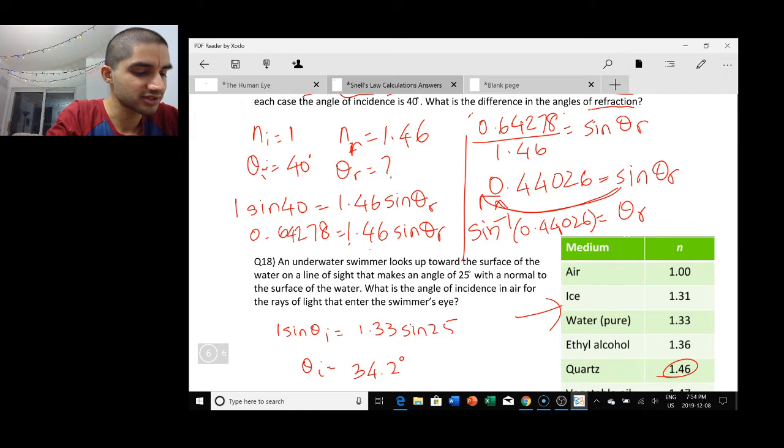2 lens equations in total, or 1 for each of the types. I'm confused, what do you mean by 1 for each of the types? There's going to be 1 magnification question.